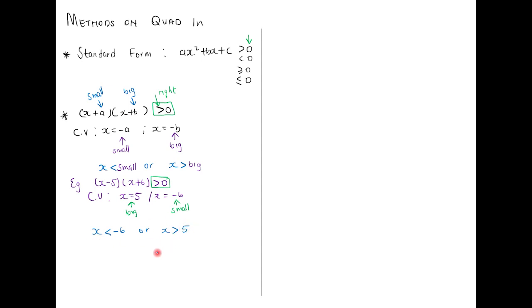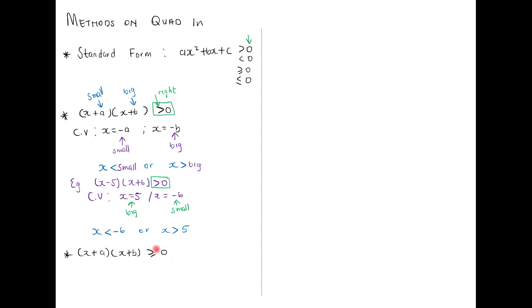What about when we have the same thing, x plus a, x plus b, but now it is greater or equal to 0? This is the same approach as before, because the inequality is still pointing at the right.